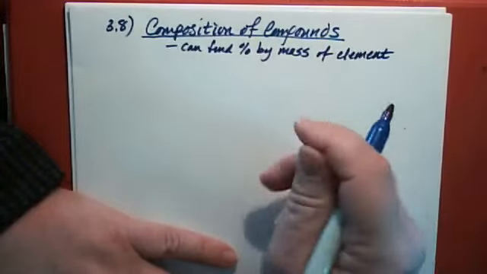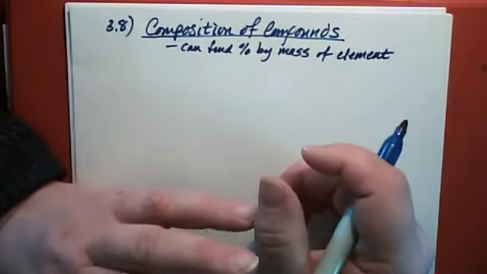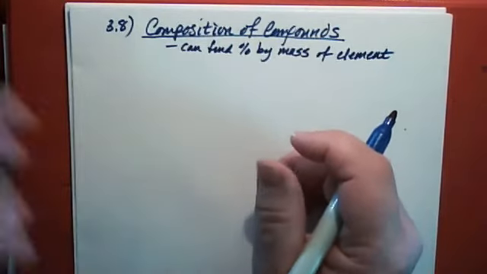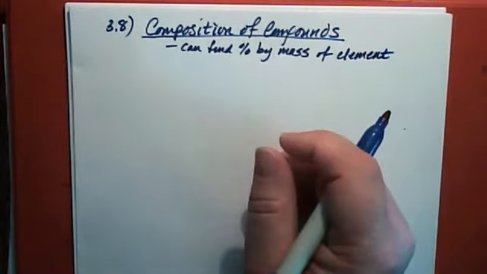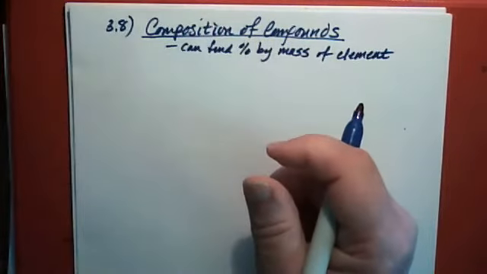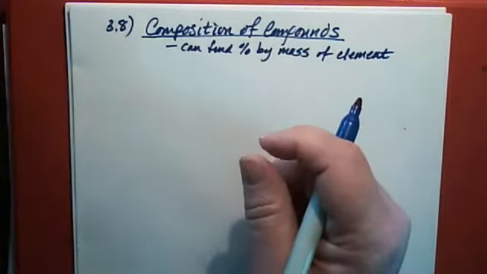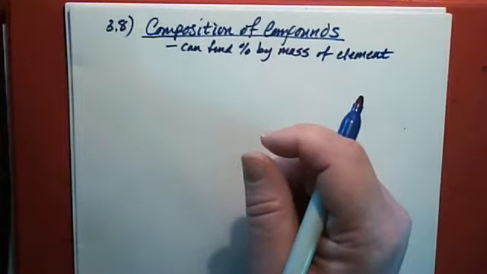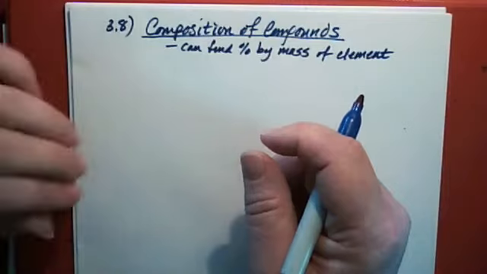For the purposes of, say, making sure that a person gets a proper dosage of a certain element that's in a medication, or determining the amount of chlorine that's put into the atmosphere by a certain amount of chlorofluorocarbons, that kind of thing.